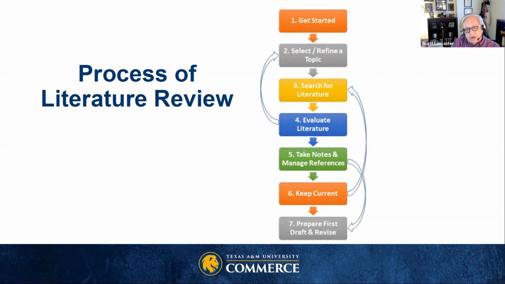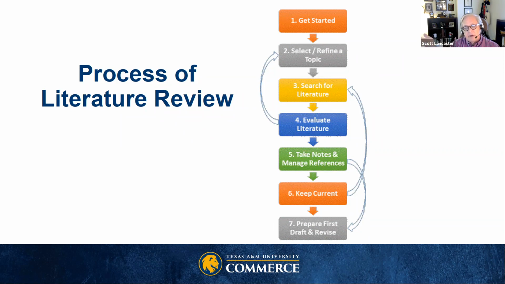As you're looking at the results that you get, you evaluate that literature to decide how relevant it is. And I usually pick a lot of things to sort of look at the abstracts or the titles, or maybe just look through the beginning and the ending of the articles. And then I sort of narrow it down from that. And as you're evaluating the literature, you want to take notes and also manage your references, which means you save them in some format.